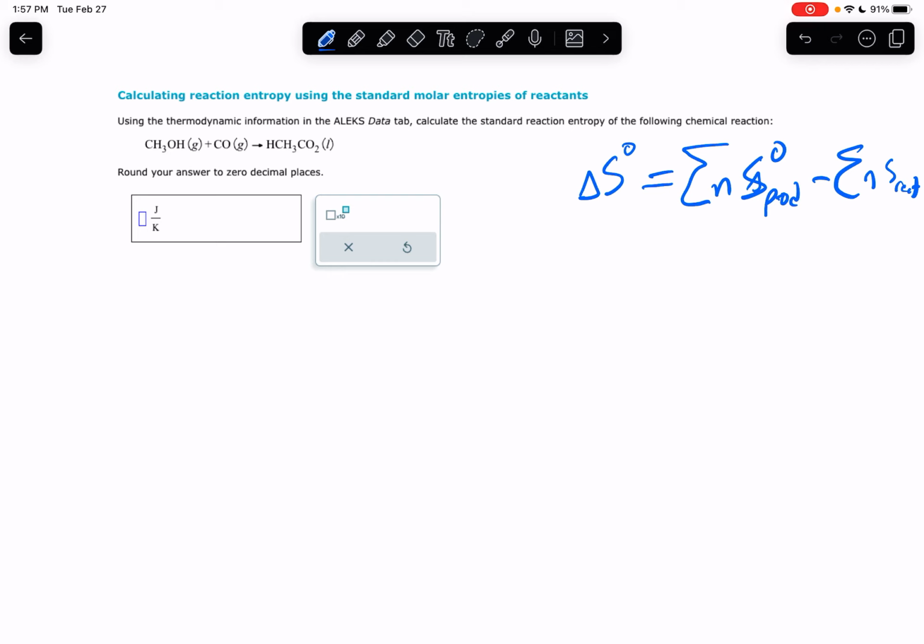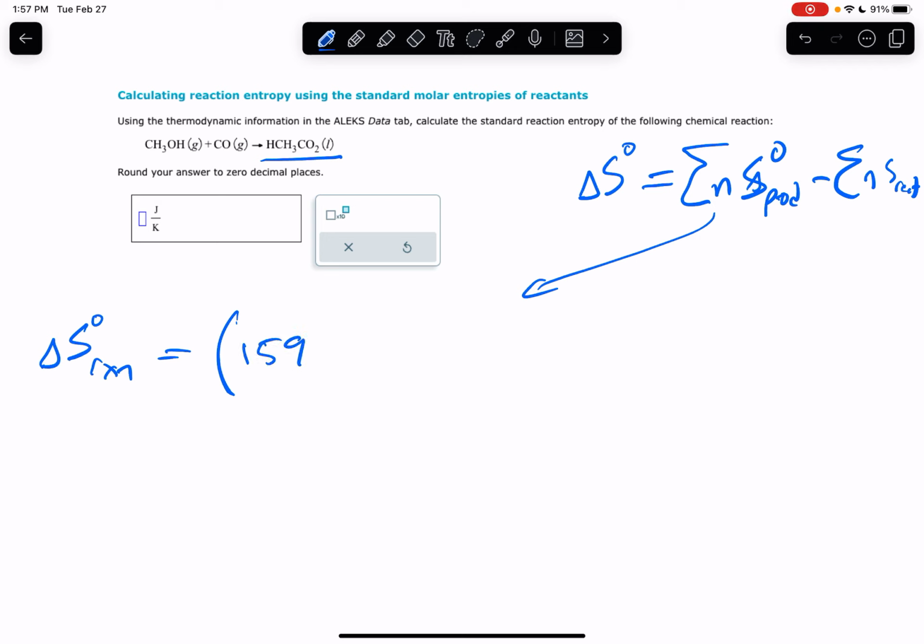But I'm going to start over here with the products on this side. So my overall change in entropy for my reaction, I like putting RXN in here, is going to be equal to the sum of my products. And if you take a look on the table, we discover that for the products, the entropy for this one is 159.8 joules per K. Now, that is all we have on the product side.